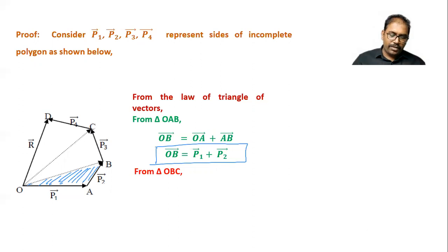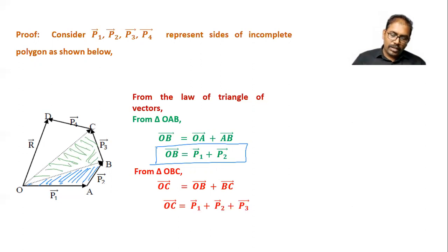In a similar manner, when we use another triangle, this triangle OBC, we can write OC bar is equal to OB plus BC bar. Then instead of this OB we can write P1 plus P2, and this BC is represented by P3. So we get this OC bar.